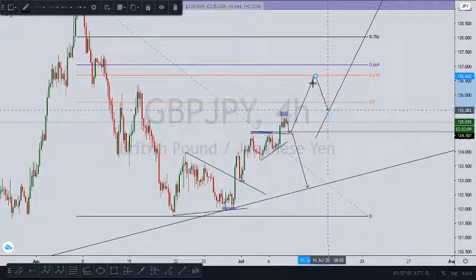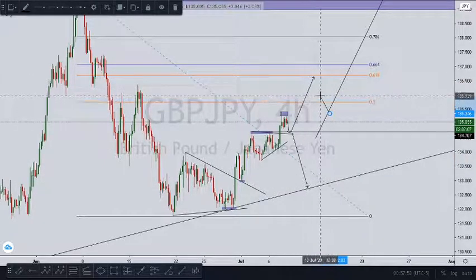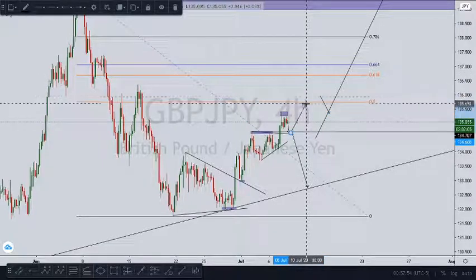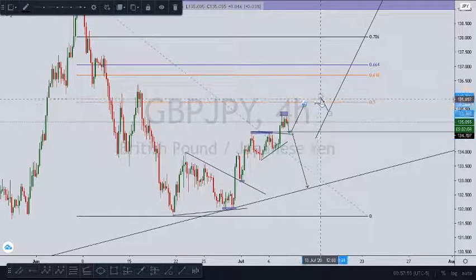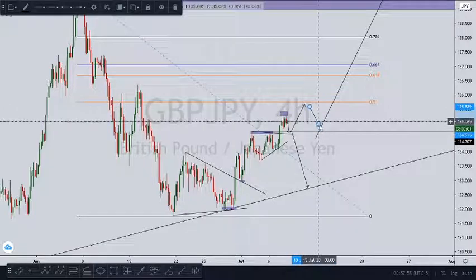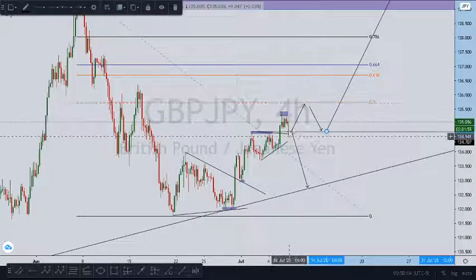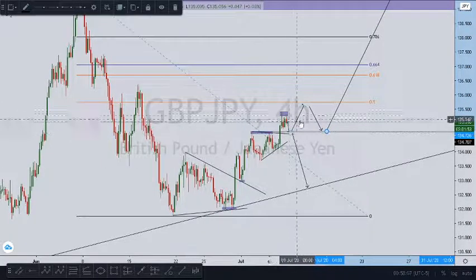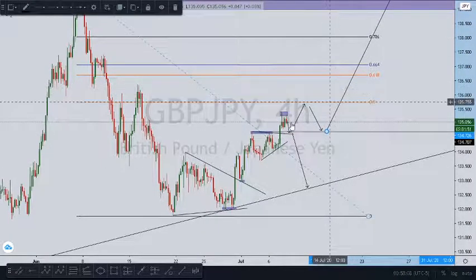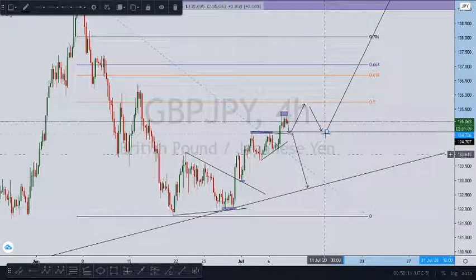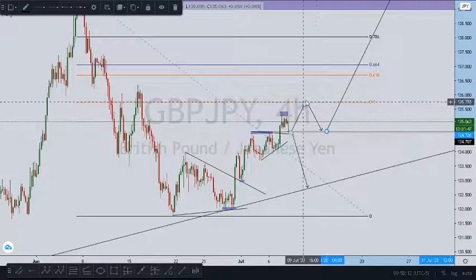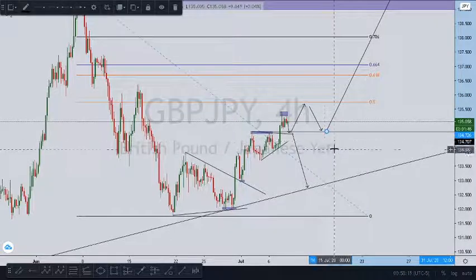However, for now, the highest probability of it touching somewhere is the 50% because it has to touch the 50 before the 61.8. So the highest probable level is the 50%, and then we may see continuation up or a break here for a continuation down. Or we may have the 50% hit, then a breakdown to further levels.